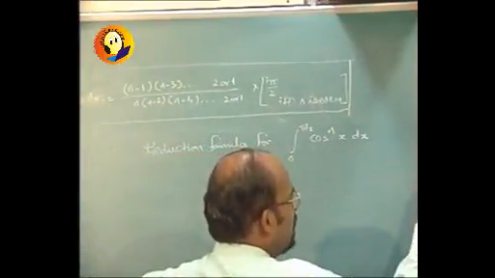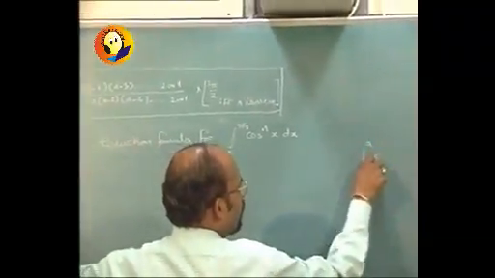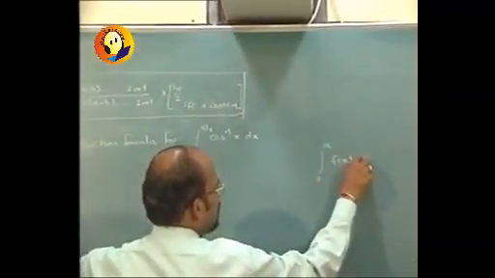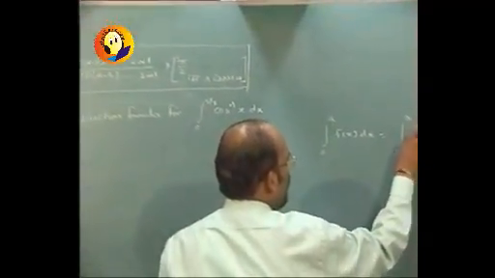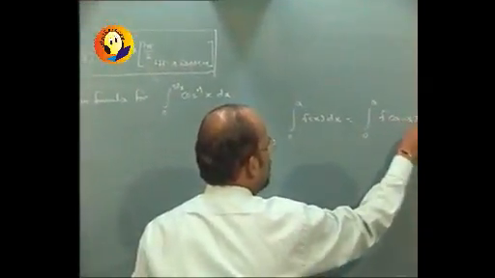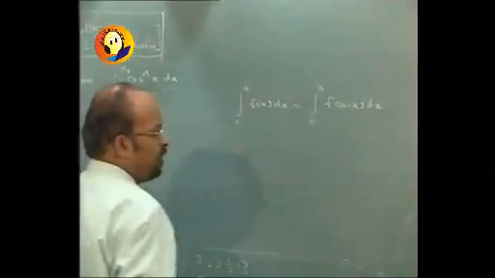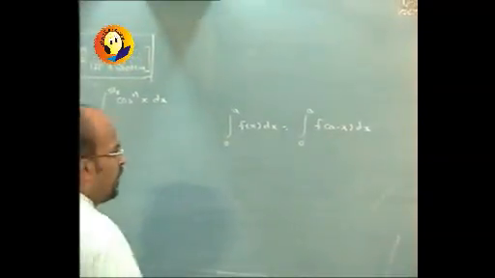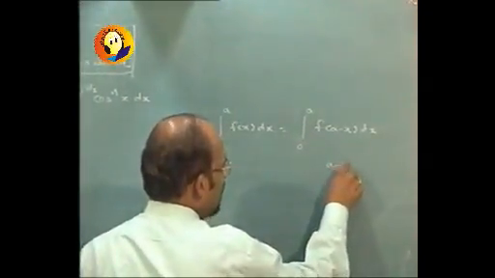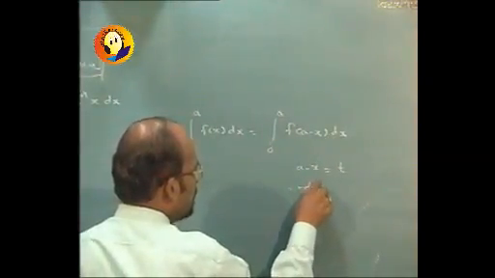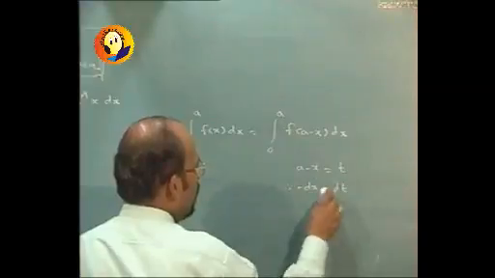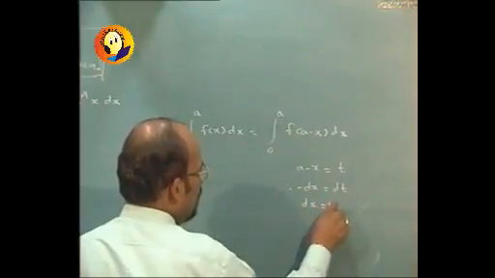We have a result that integral 0 to a f(x) dx is same as integral 0 to a f(a minus x) dx. Of course this can be very easily proved, because we can write a minus x is equal to t, therefore minus dx is equal to dt, or dx equal to minus dt.